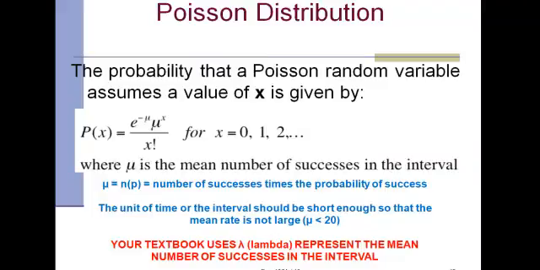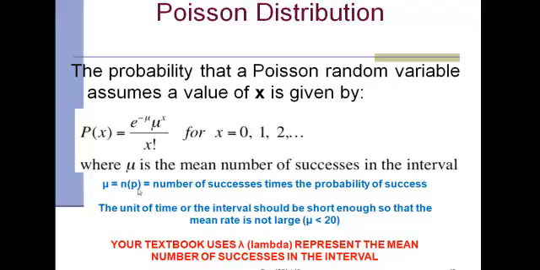So for Poisson, you've got this formula for x of all values. Mu is the mean number of successes in the interval. Now, even though you don't need to worry about this formula, you do need to know how to calculate the mean, meaning the number of successes in the intervals.